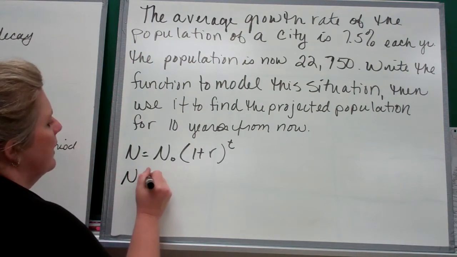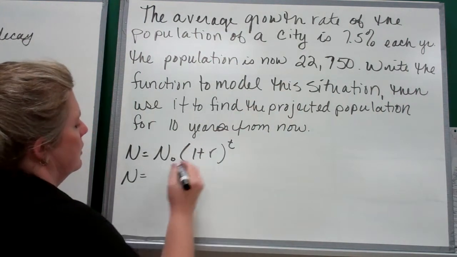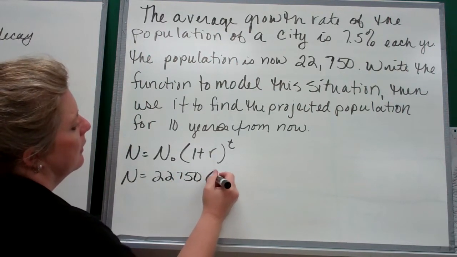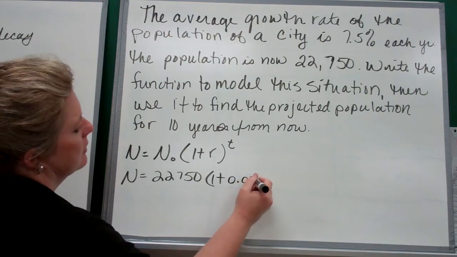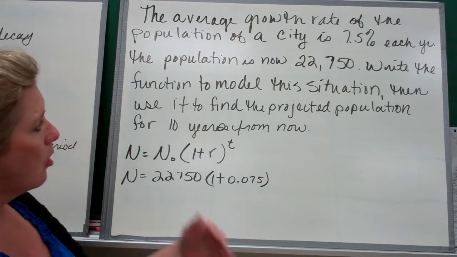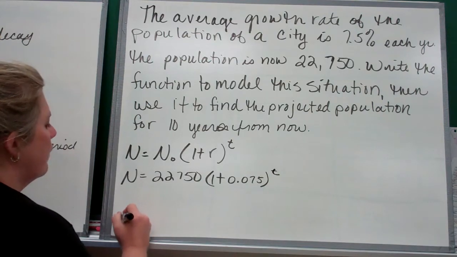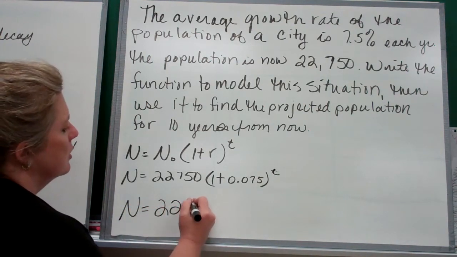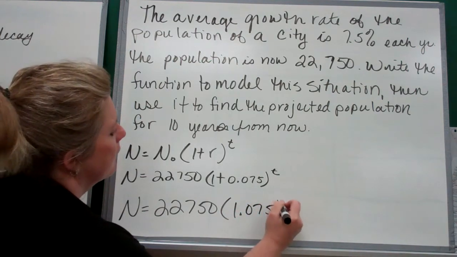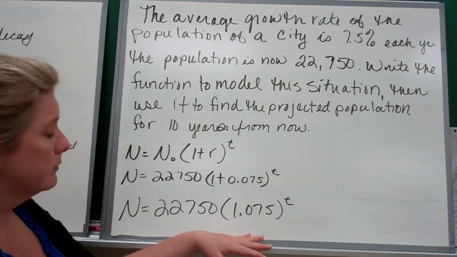So N equals our initial amount, 22,750, times 1 plus 0.075. You must always, when they give you a rate as a percent, convert it to a decimal, to the t power. So our function that's going to model the situation is 22,750 times 1.075 to the t power. There is our exponential model.